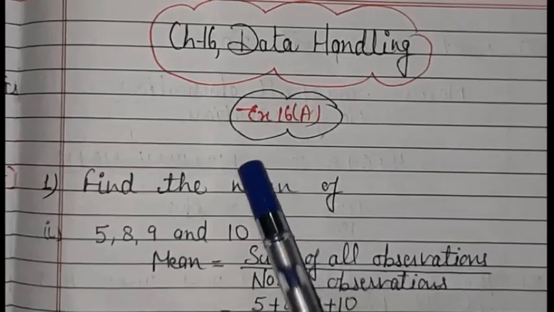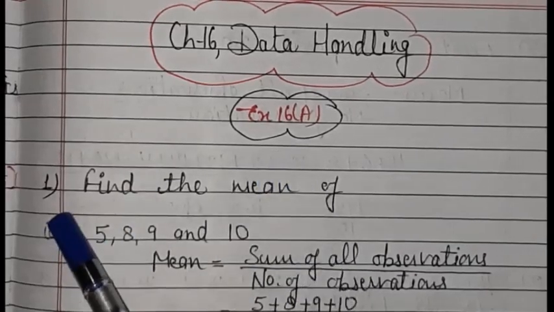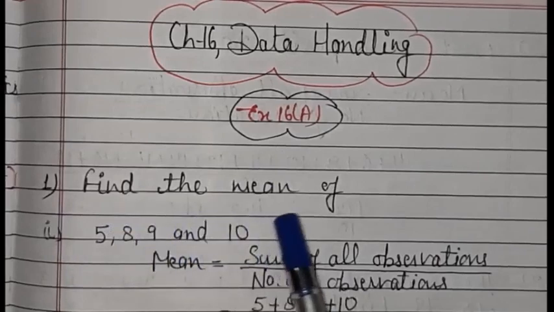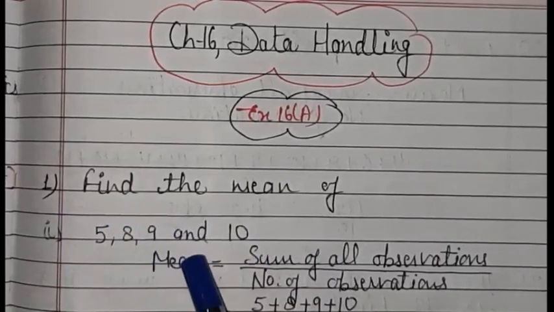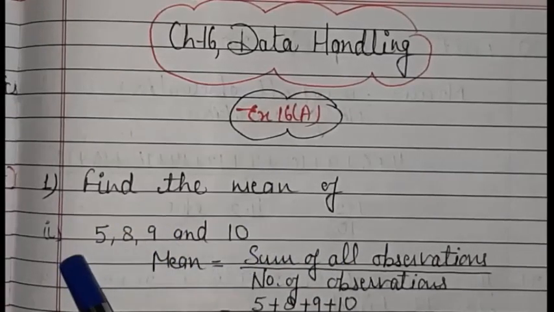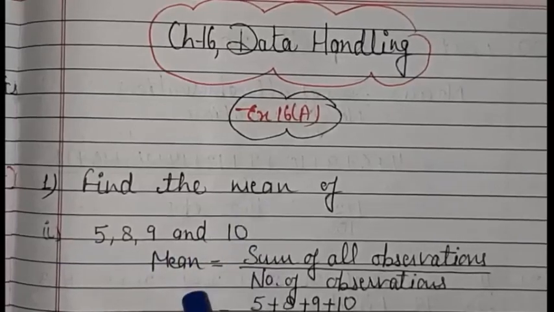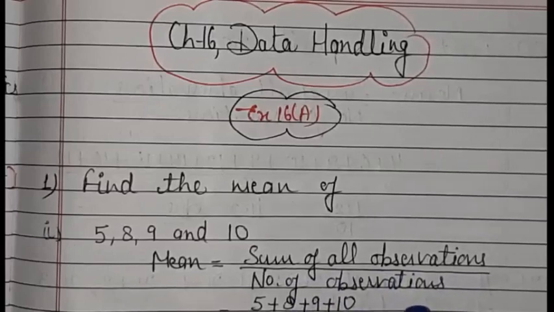Come to exercise 16a, first numerical, in which you have to find the mean of 5, 8, 9 and 10. This is the first part, right? For calculating mean, first we will write the formula. Mean means average. Sum of all observations upon number of observations.